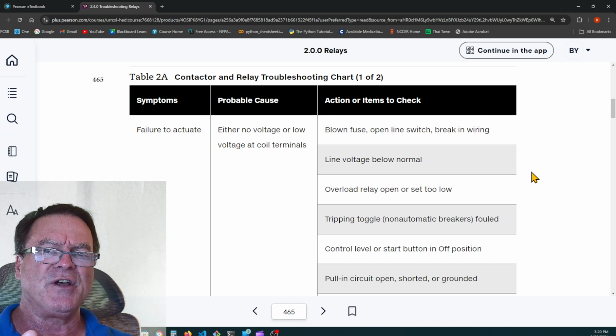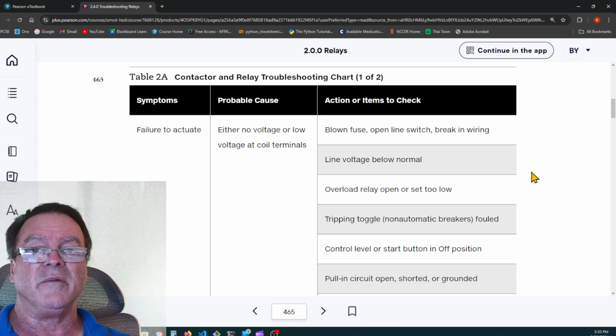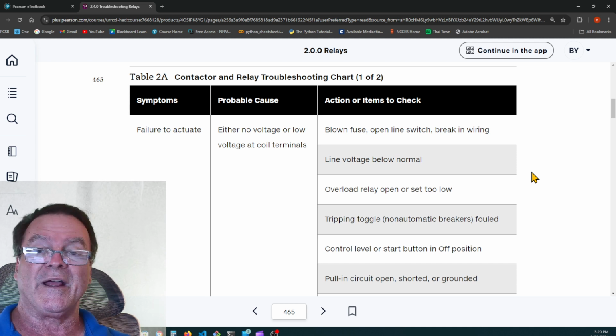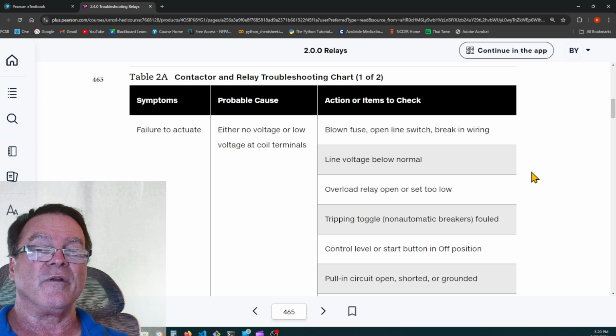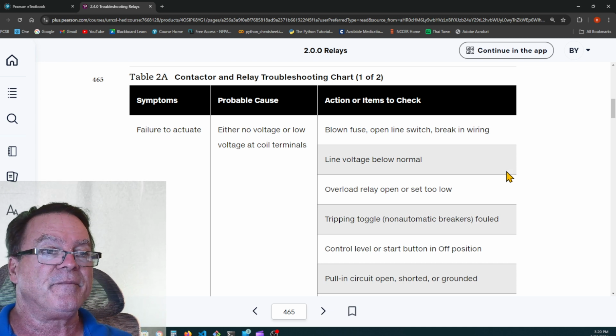So they're kind of self-repairing in a way. They'll do this thousands of times before it actually becomes a problem with pitting and burning. They can last for a very long time before the contacts have to be changed.